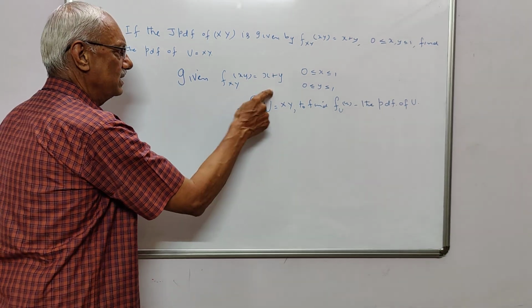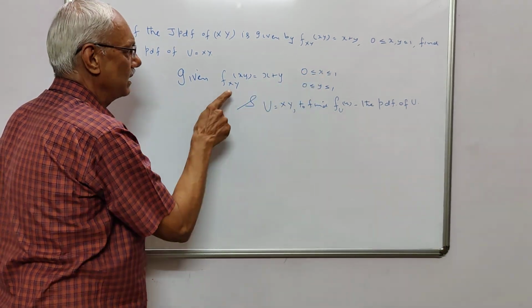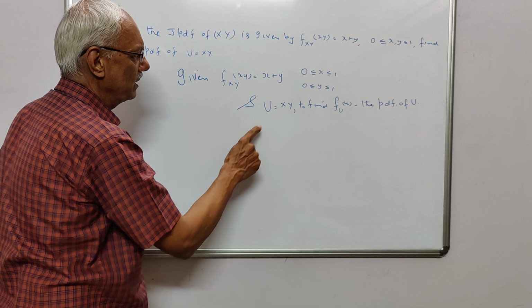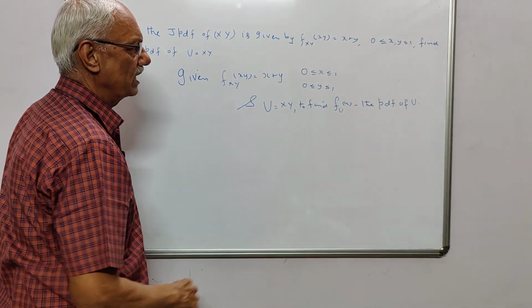So you are given this in this interval, and X and Y are the random variables. Now u is equal to xy is given.